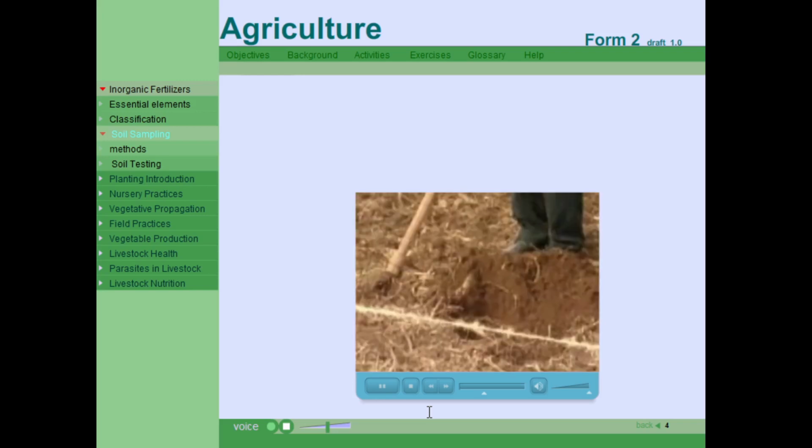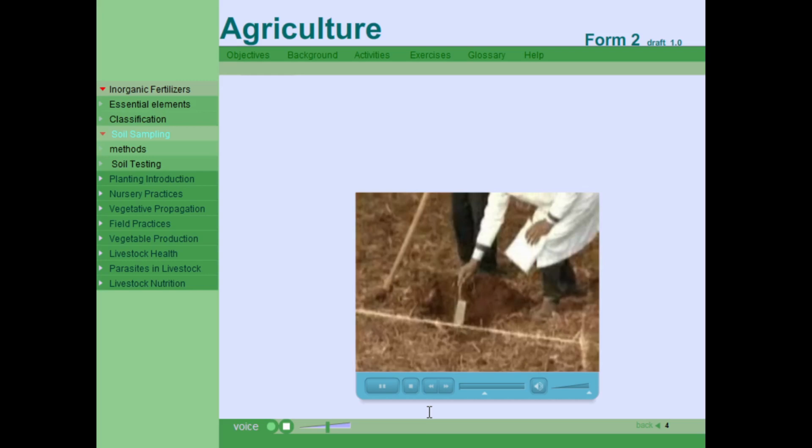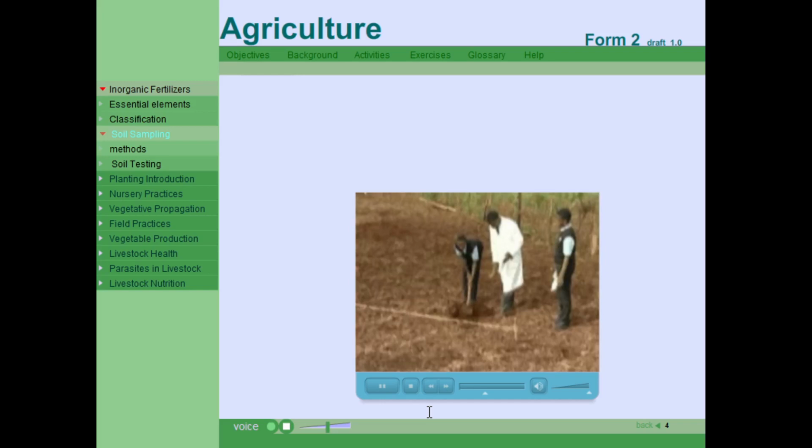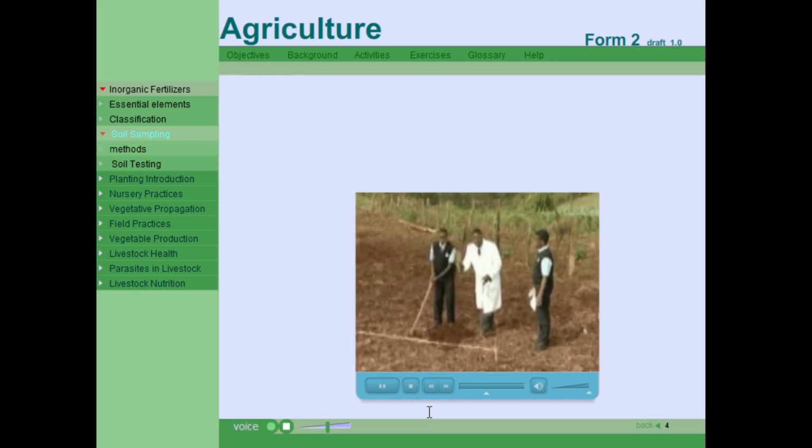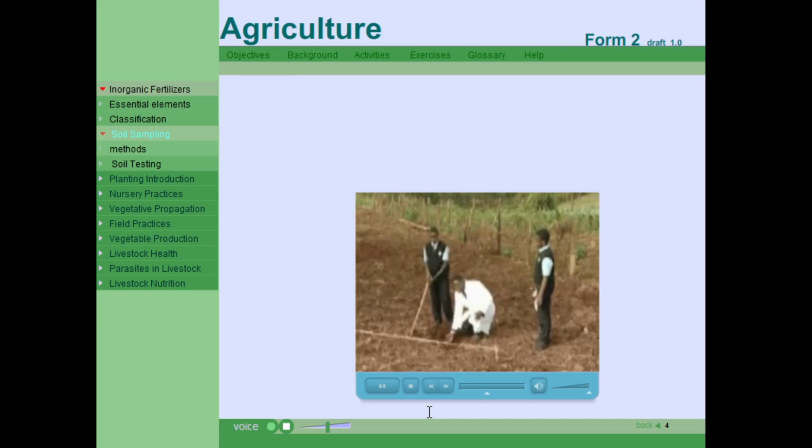Has removed the topsoil. Now we shall collect soil from this point. Dig deeper into this point. Our garden trowel is 25 centimeters long, and the hole where we shall collect our initial sample is 25 centimeters deep.